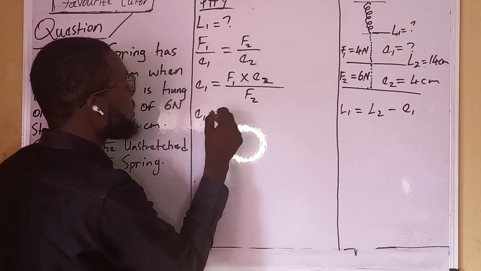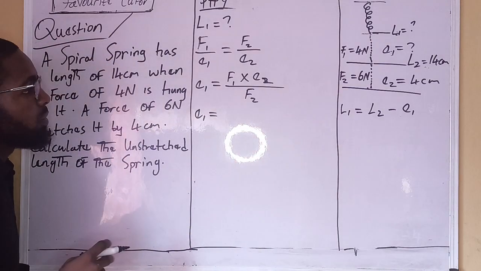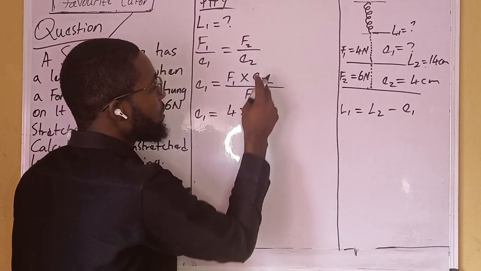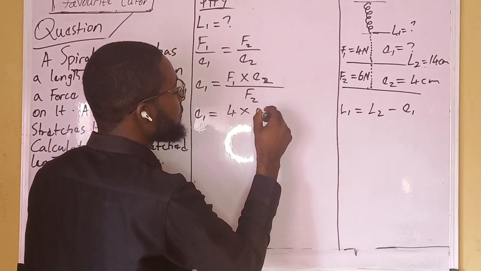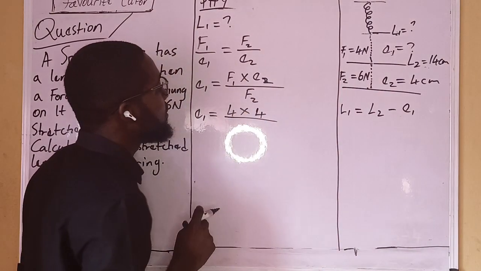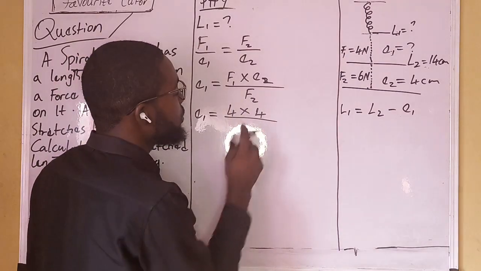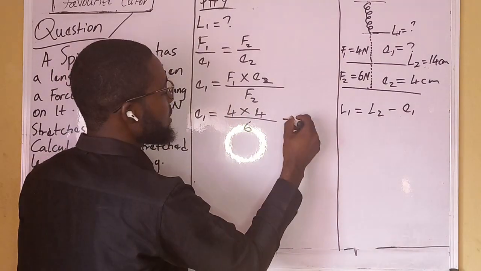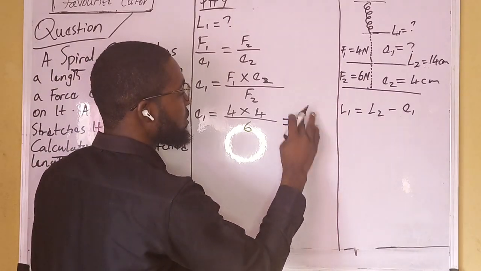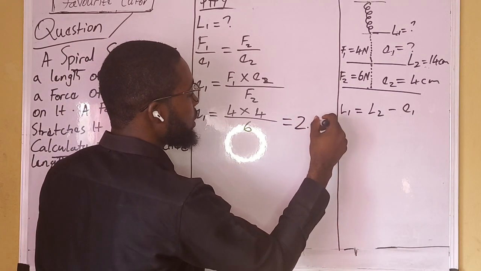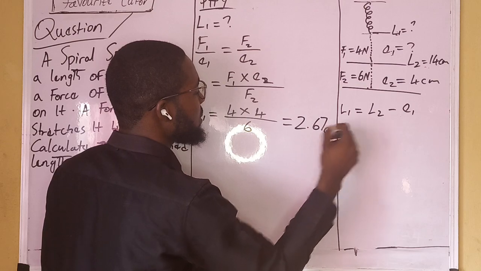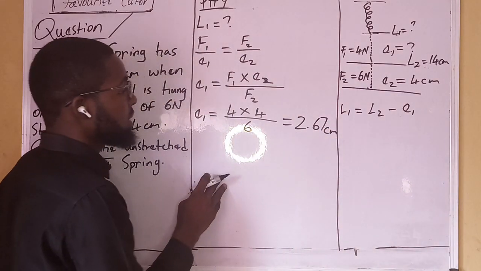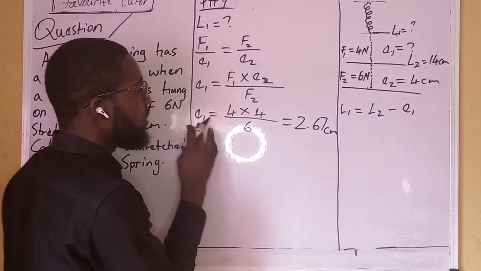So therefore, extension 1 is equal to, F1 is 4, times E2, E2 is 4, all over F2, which is 6. All right, this is going to give us 2.67 centimeter. So we have E1.